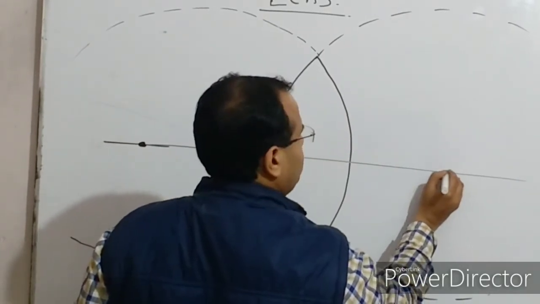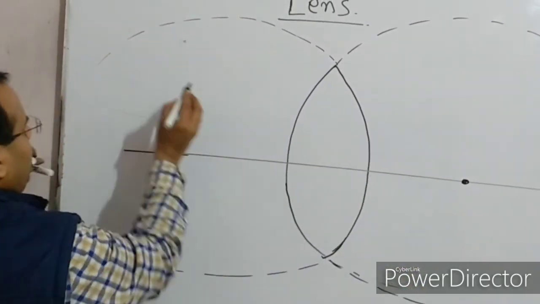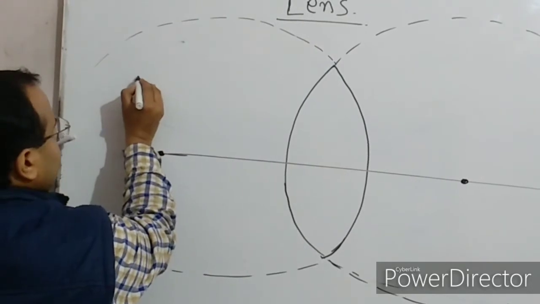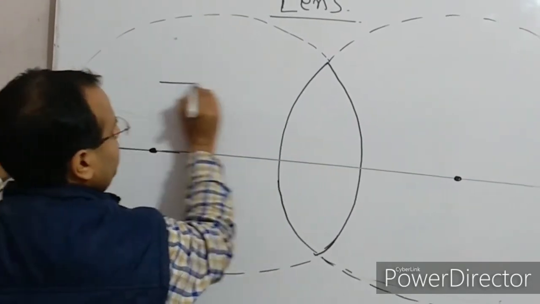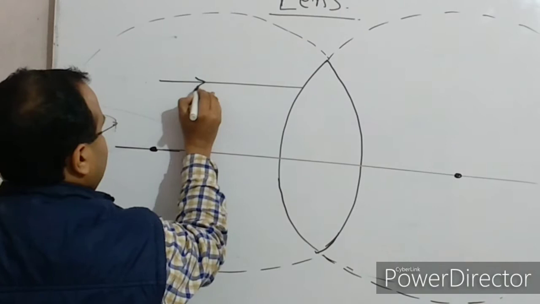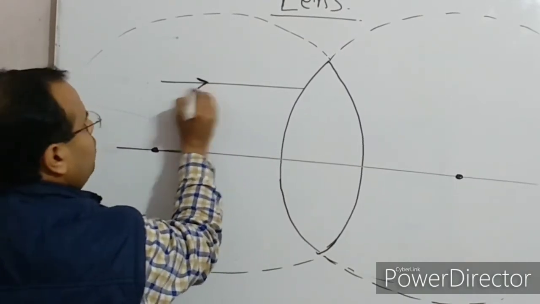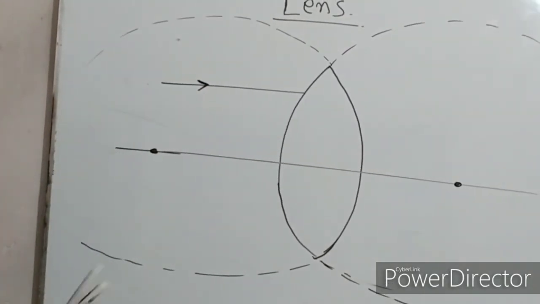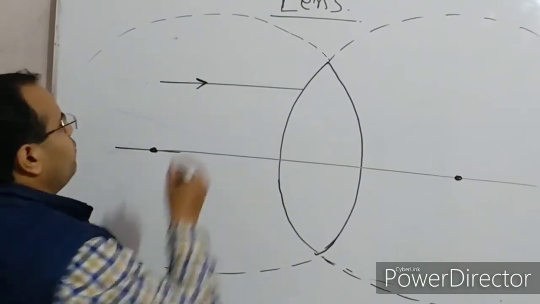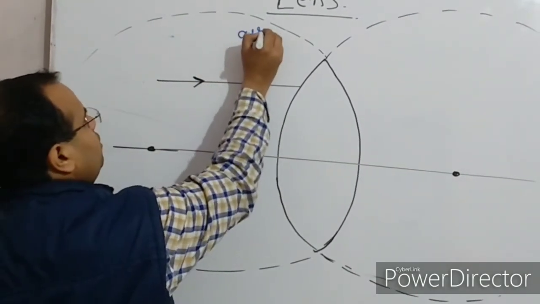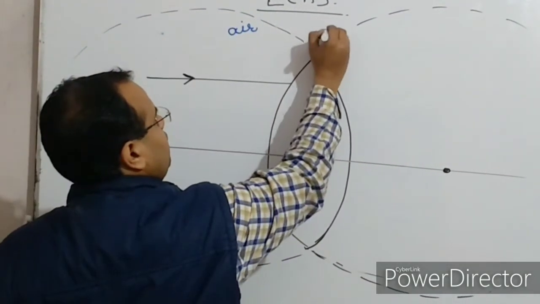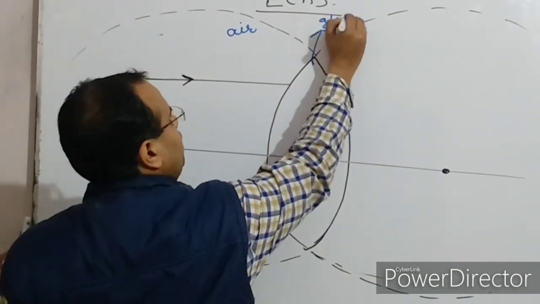Now if a light ray is incident parallel to the principal axis like this, here we have air, then glass, and again air.